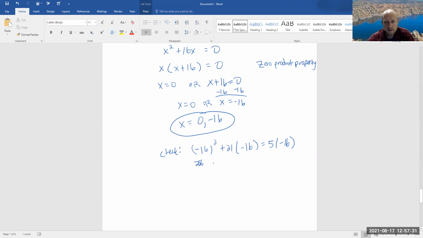That's 256 minus, what's 21 times 16? That's 336. So does this equal negative 80, right? And 256 minus 336 is in fact negative 80. So it checks.